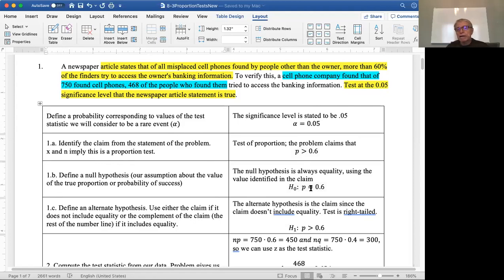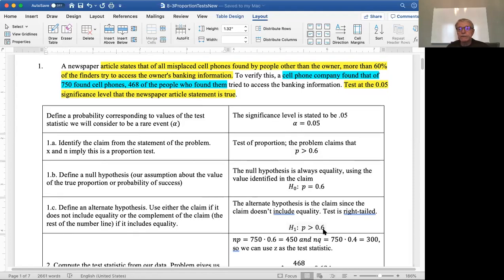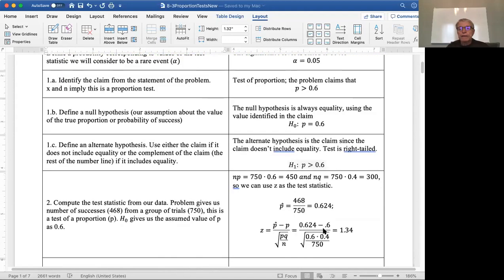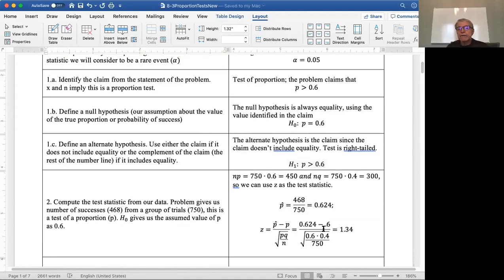So we've got our claim. We've got our null hypothesis, which is the assumed value, and we've got our alternate hypothesis, making this a right-tailed test. I'm not going to dwell on this. There's an explanation over here, but we've covered this in the previous videos and previous notes. And then we need to calculate the test statistic, which we do.